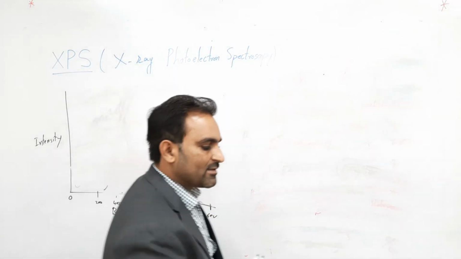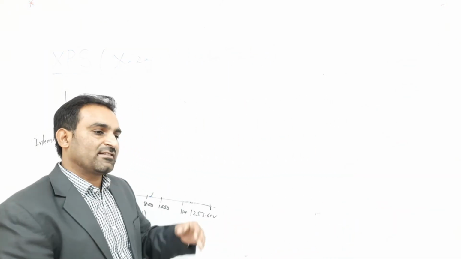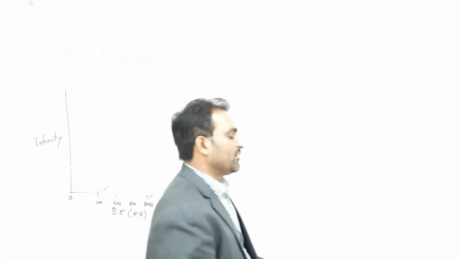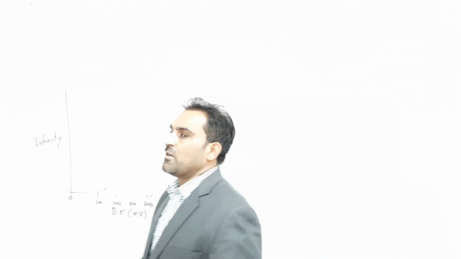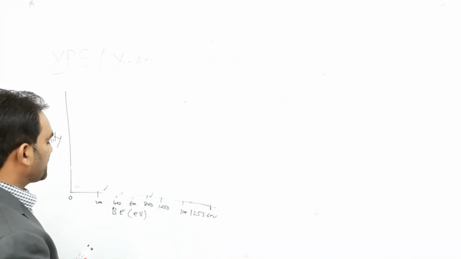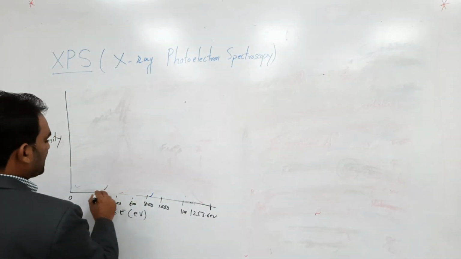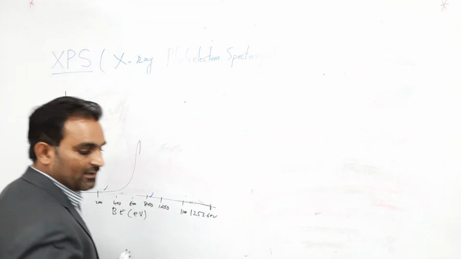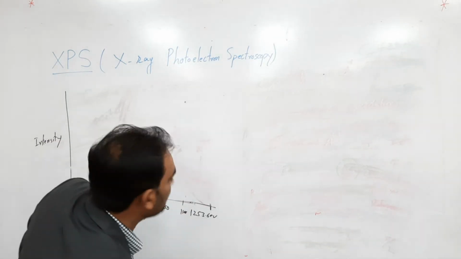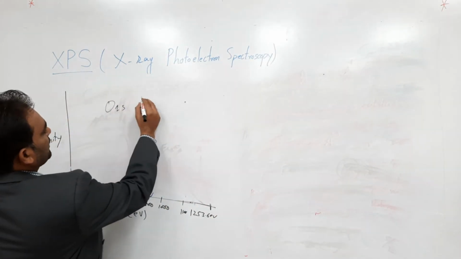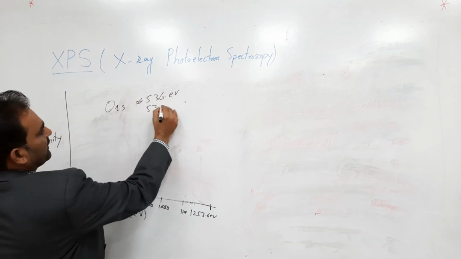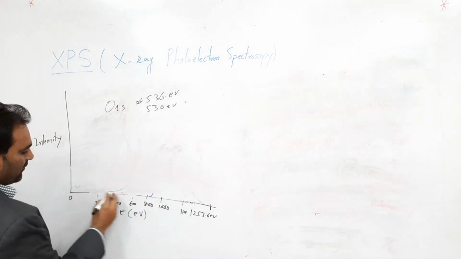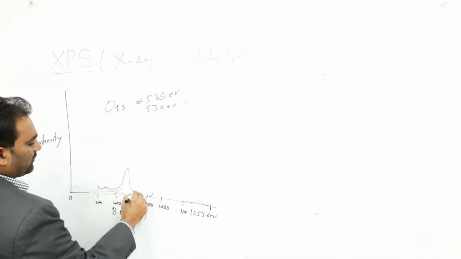For particular analysis, we can go for some peak splitting. As I said in the previous lecture, for spectral analysis we need some deconvolution or convolution. Suppose you have the signal of oxygen over here, oxygen 1s usually comes around 536 or 530 electron volt.